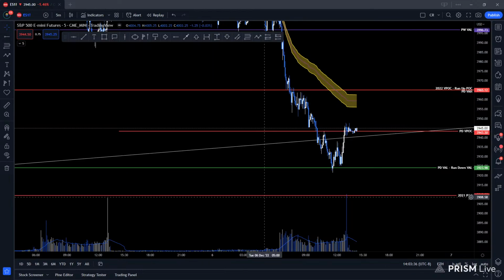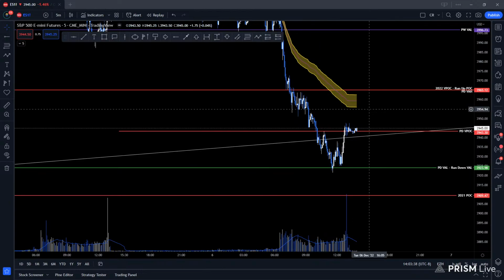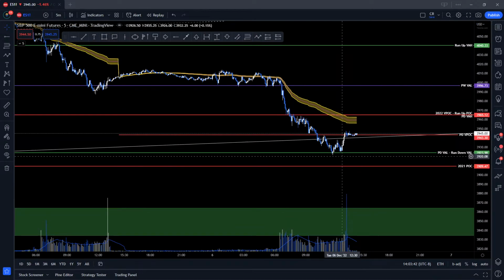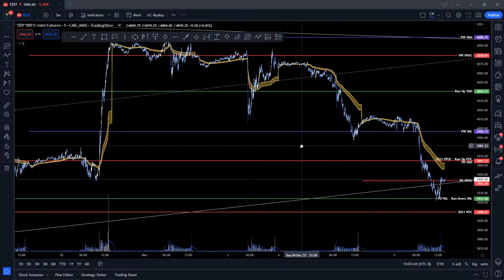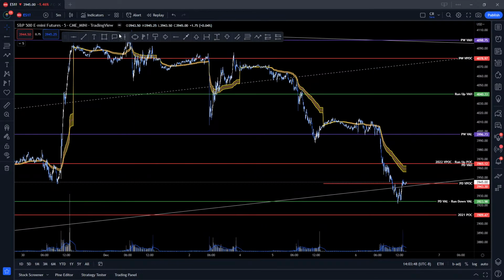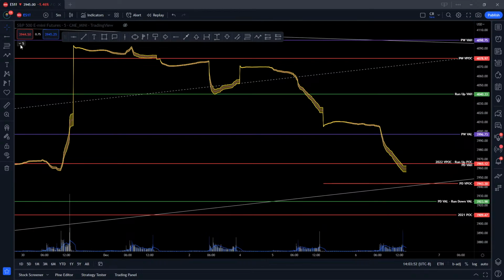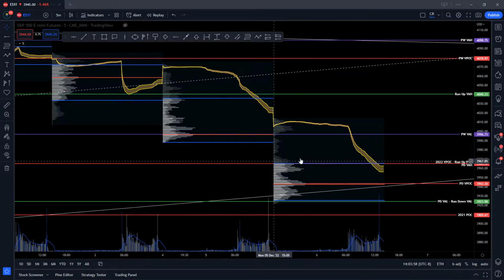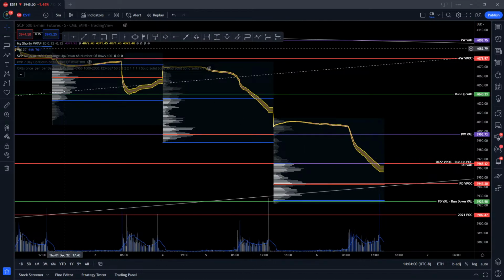So hopefully everybody understands volume profile. I haven't gone super in depth with volume profile, but we can really quick. What I'm going to do is turn off my candles and turn on our session volume profile. I'm also going to turn off my VWAP here.